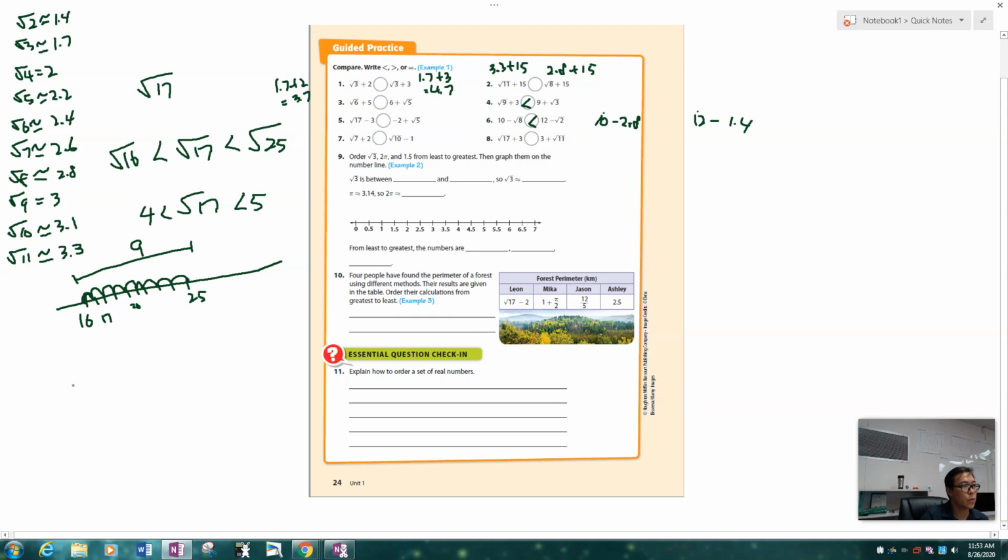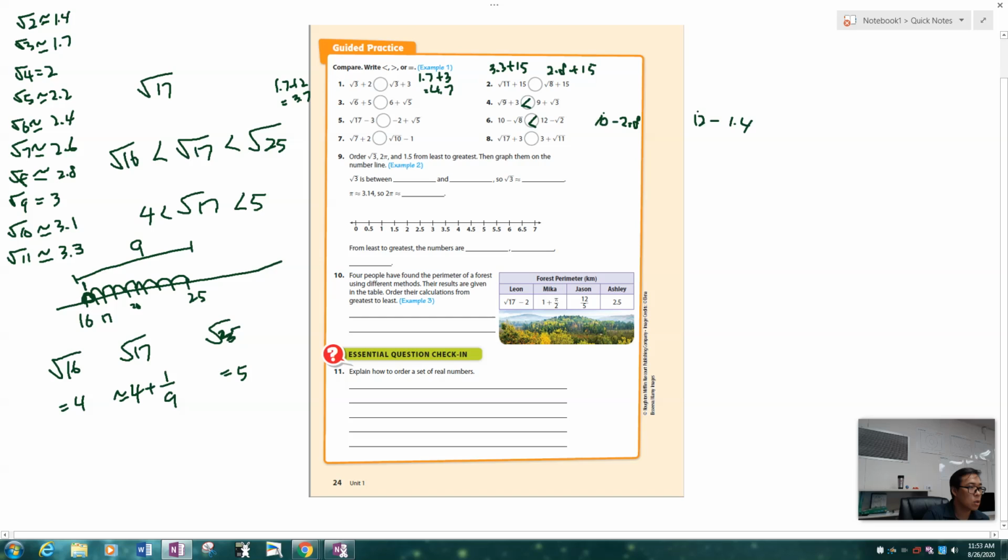So I'm going to say, hey, square root of 16 was 4, and square root of 25 is 5, and square root of 17 is approximately 4 plus 1 over 9.